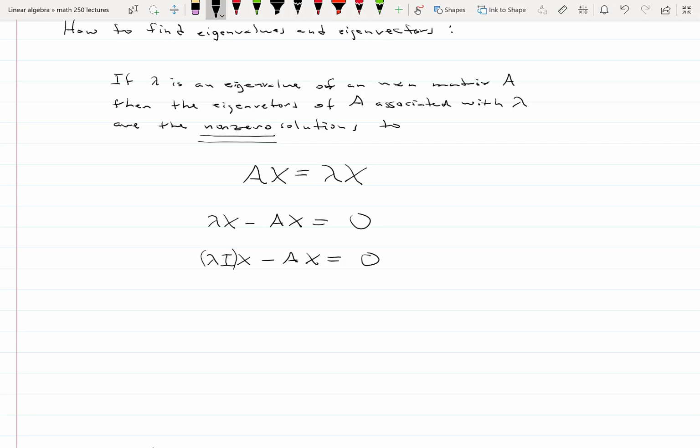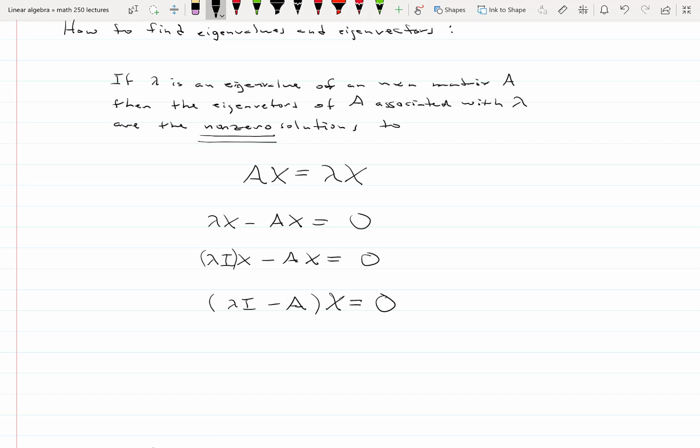Remember, we can associate matrices with parentheses and scalars this way, because we have all of our matrix arithmetic from before. Now I can factor out the column vector x. In fact, I'm going to factor it out on the right-hand side.